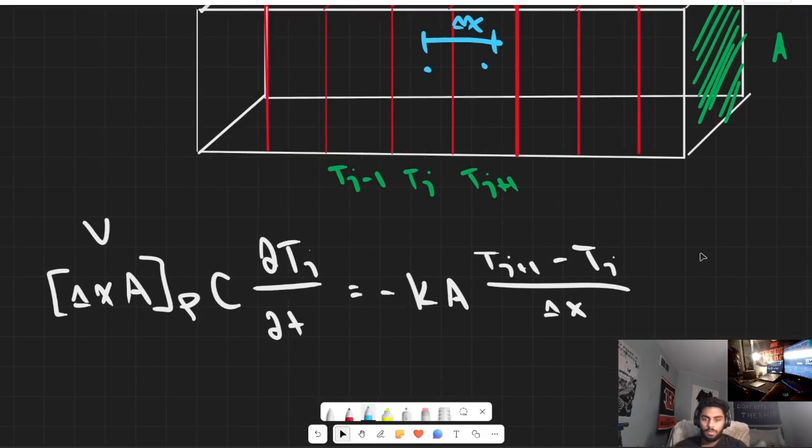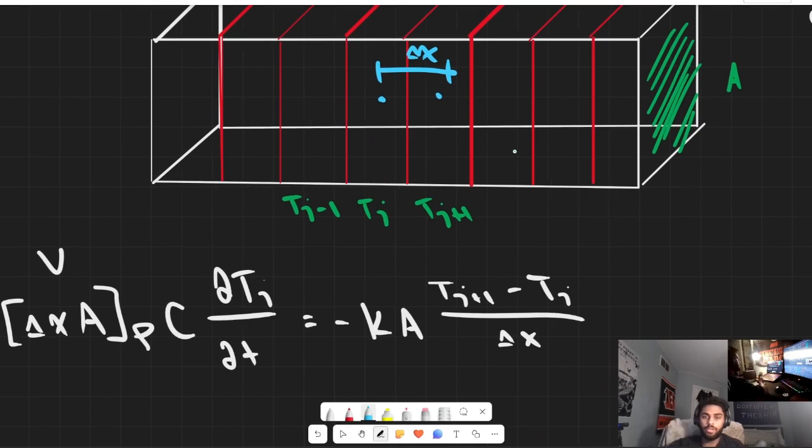So another thing we can do, so we already said that if our heat transfer is going from our right edge towards our sliver of interest, we get some sort of Fourier's thing like this. But we can also have heat transfer coming from the other side. And that will have the same thermal conductivity, that'll have the same cross-sectional area.